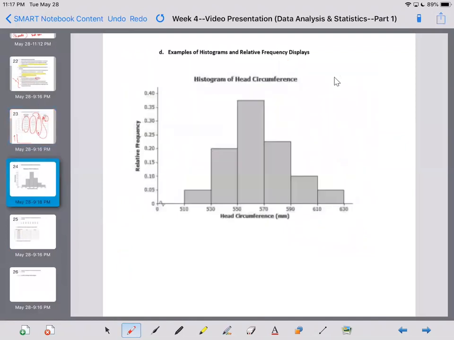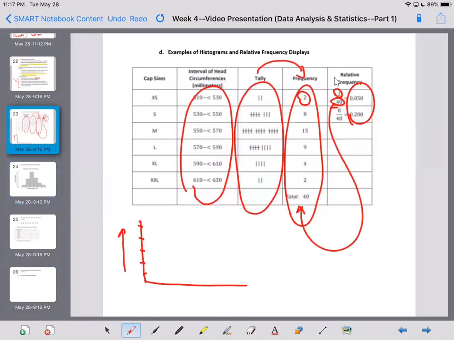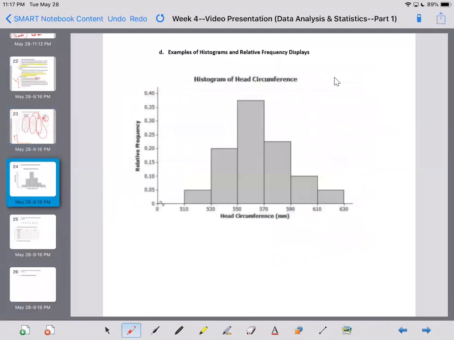And then you can show, based on this data table here, that it can be transformed into a histogram that looks like this. So you can see the ranges of your head circumference. Notice the bars are all tight. There are no gaps. If there are gaps, that means that you wouldn't have any values in that range.